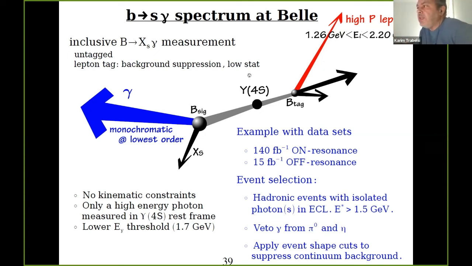Here there is a nice illustration of your B B-bar decays, Upsilon decay, where you will look for a single gamma with a high energy. The B to S gamma is a two-body decay, and so the gamma carries a large energy from the almost-at-rest B.